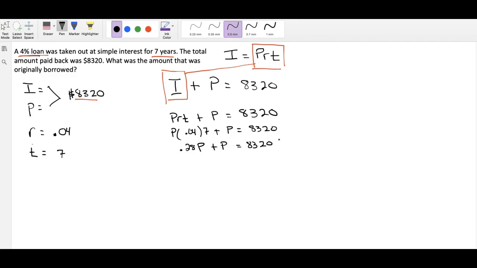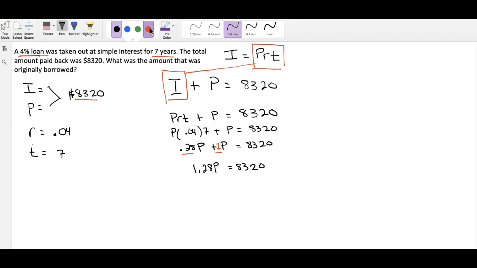Well, it suddenly got just a little bit less complicated because remember that when there's nothing in front of a variable, there is a 1. Okay, so we're going to take the 0.28 plus the 1, and we're going to get 1.28P equals 8320.